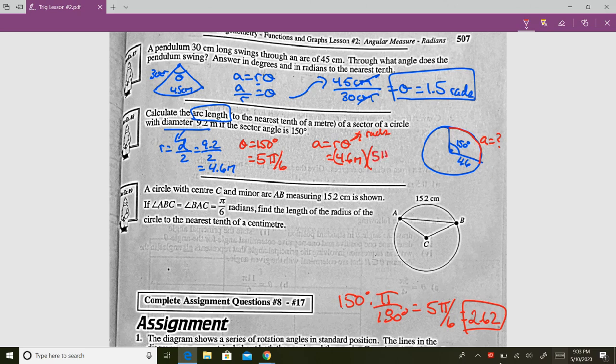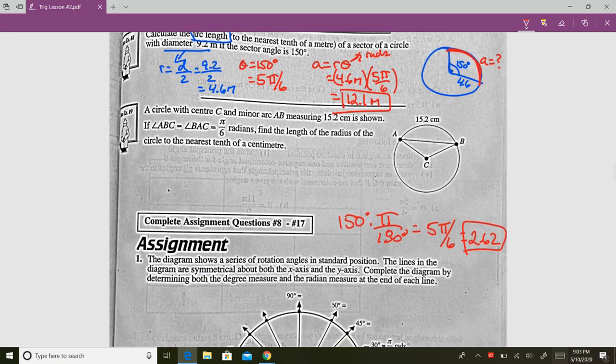So then I write 5 pi over 6 in here, or 2.62. Multiply all that out. And what am I going to get? 4.6 times 2.62 is 12 point, what are we on? Nearest tenth? 12.1. 12.1 meters. So this length here is 12.1 meters.